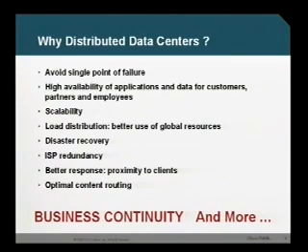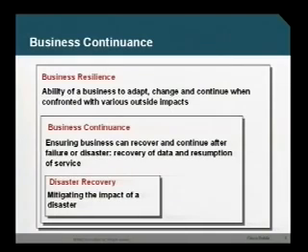And all your client base is global. So you want to make sure that the content or the application the client is trying to access, be it from your internal organization or external user base, they go to a site which is closest to them. So optimal content routing. Business continuity is one of the key drivers here.